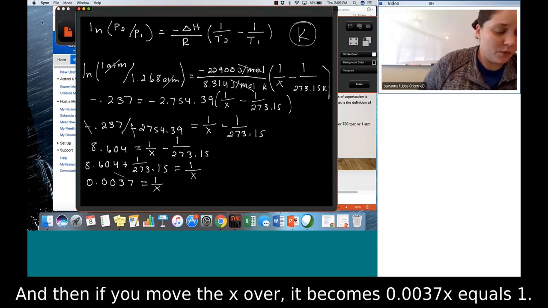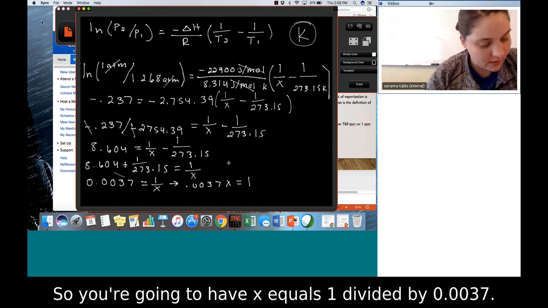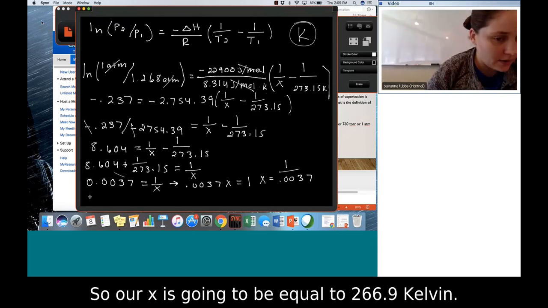And then if you move the x over, it becomes 0.0037 x equals 1, and then divide by the 0.0037, so you're going to have x equals 1 divided by 0.0037, so our x is going to be equal to 266.9 Kelvin.